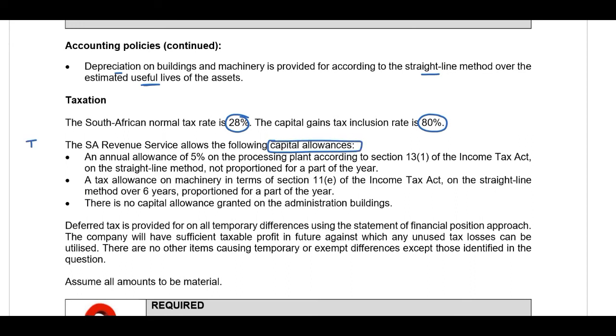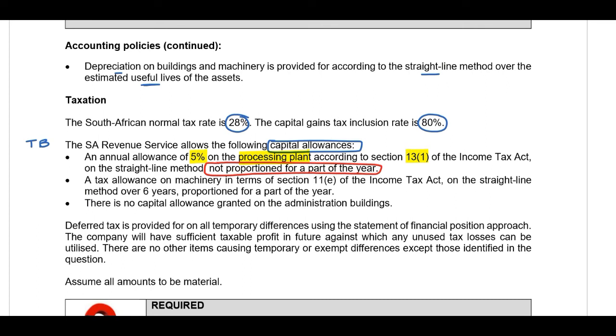Because we need to calculate our tax base. An annual allowance of 5% on the processing plant according to section 13(1) of the Income Tax Act on the straight line method. Look at this, not proportionate for a part of the year. This is important. I'm going to explain this to you just now.